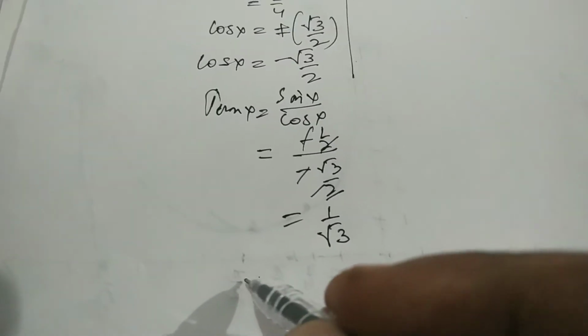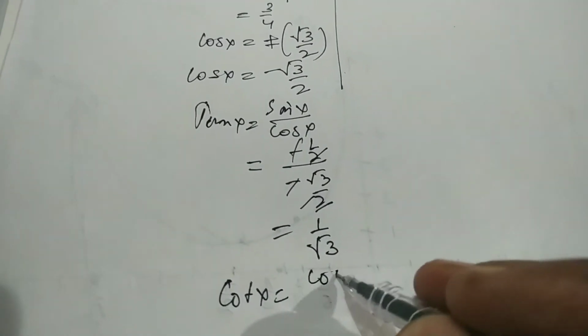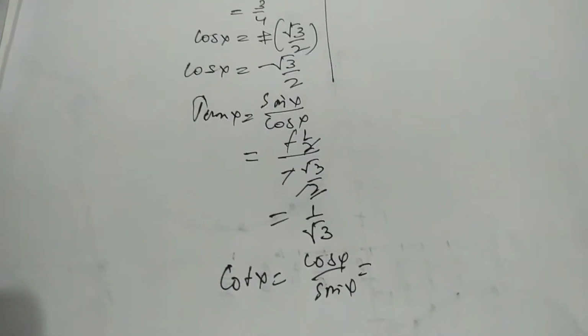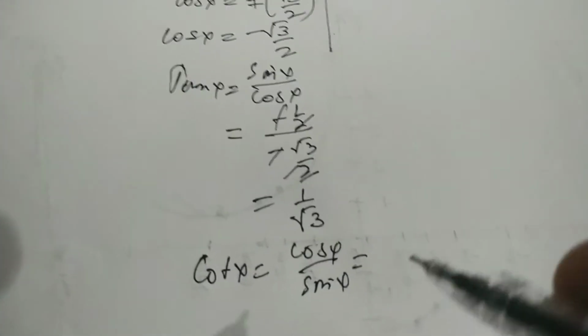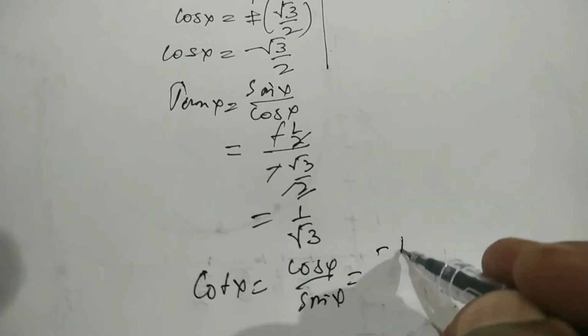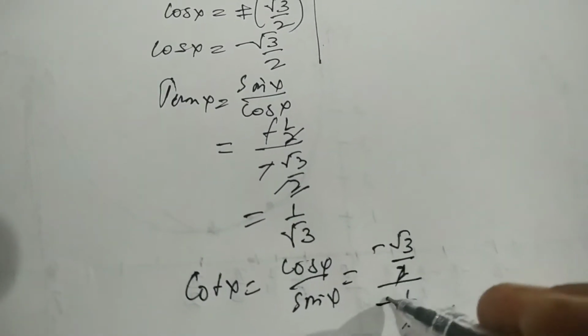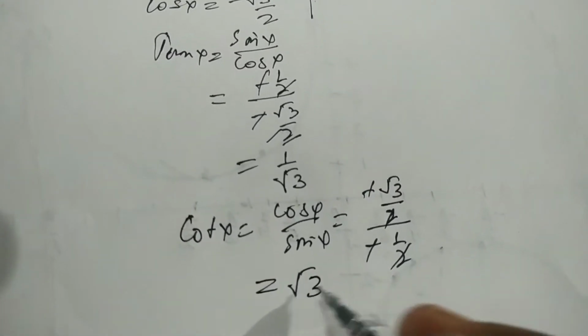And then cot x is equal to cos x upon sin x, that is minus root 3 upon 2 upon minus 1 upon 2. Minus minus cancels out, that is equivalent to under root 3.